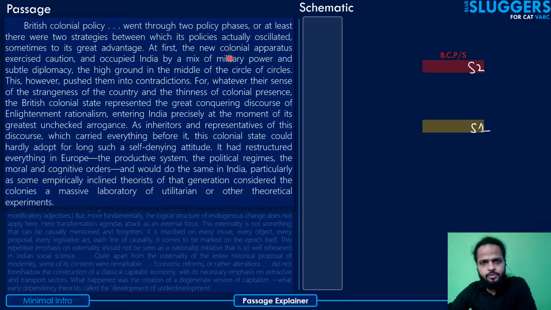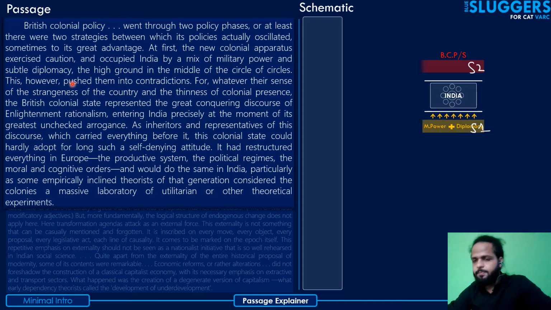At first, the new colonial apparatus exercised caution and occupied India by a mix of military power and subtle diplomacy. Now the author simply says that at first, during the first phase of conquering India, the British colonial apparatus, again a reference to the Britishers, exercised caution.